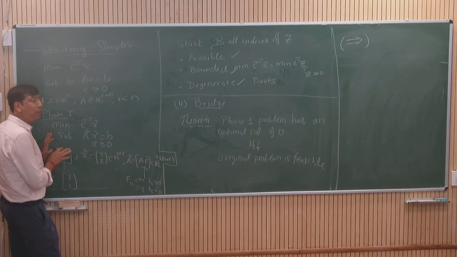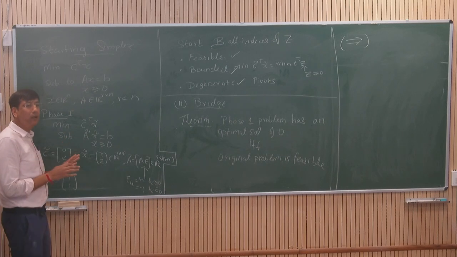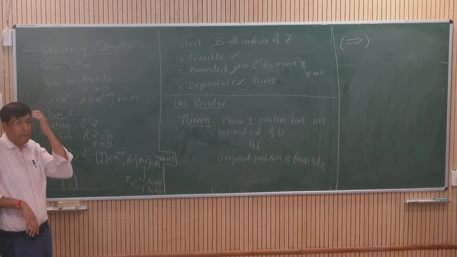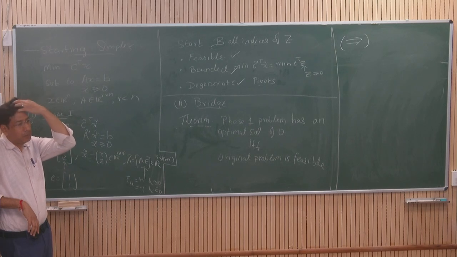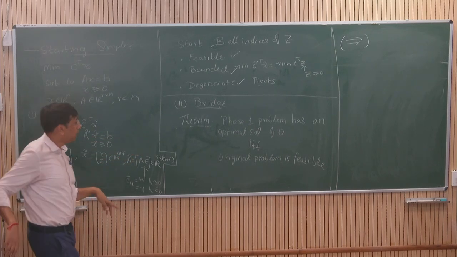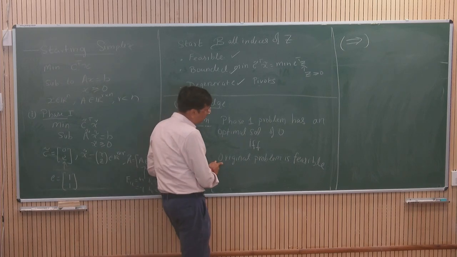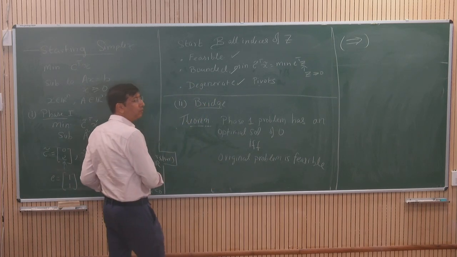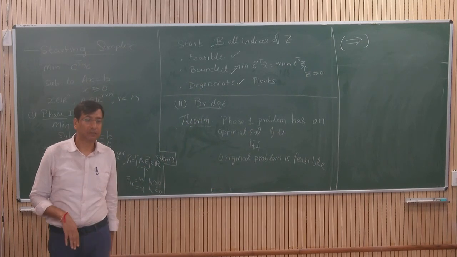Then why do we have to apply simplex to this when we already know it will converge to 0? Assuming this theorem is true, which we will prove, the other direction says that if the original problem is feasible, then it will definitely converge to a 0 optimal solution. Then why do we have to solve it when we know the solution?